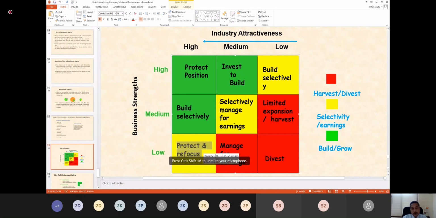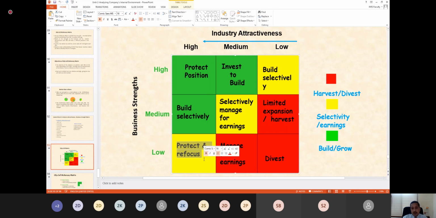If you see this position, that is at the bottom of this particular chart, wherein the business strength we have is very low. However, the industry is very attractive. Industry is very attractive, however the business strengths we have are very low. So this is a position where we can protect and refocus.